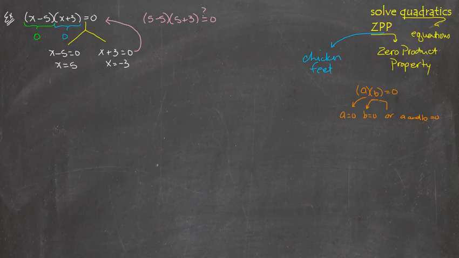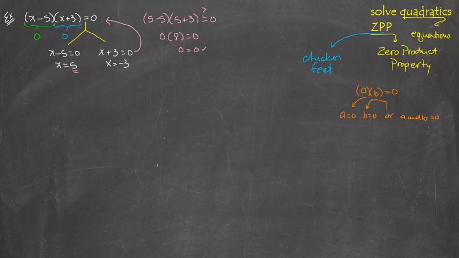I'm checking, so I'm going to put a question mark because I don't really know yet if I have the right answer. So 5 take away 5 is 0, times 5 plus 3 is 8, equals 0. 0 times 8 is 0, so 0 equals 0. That is a true statement. And so x equals 5 is a solution to this quadratic.